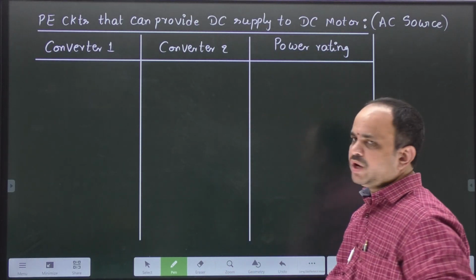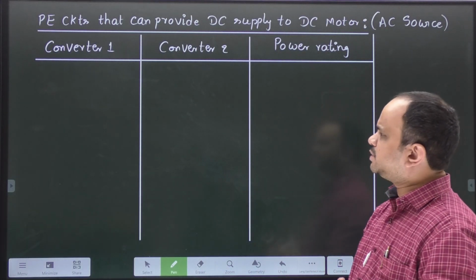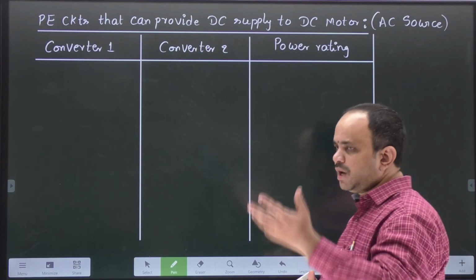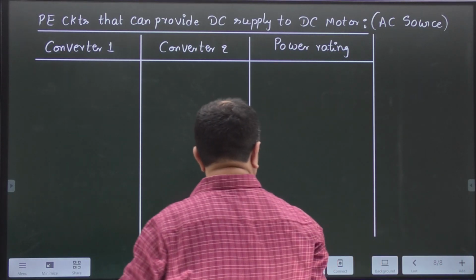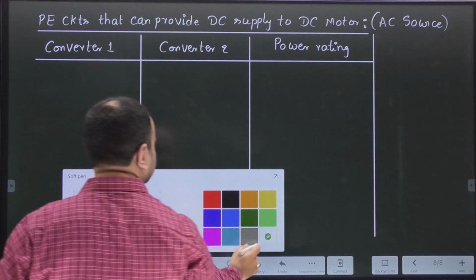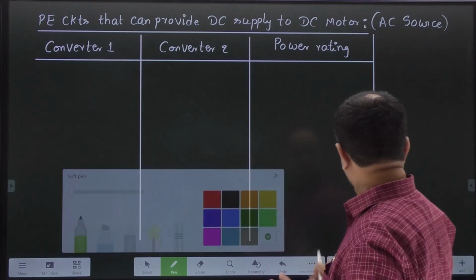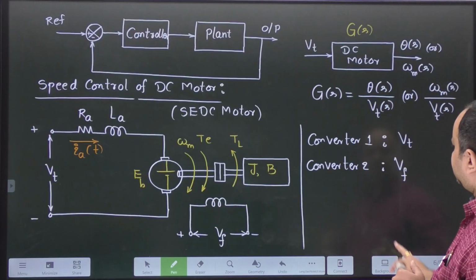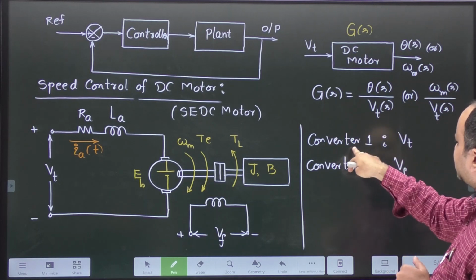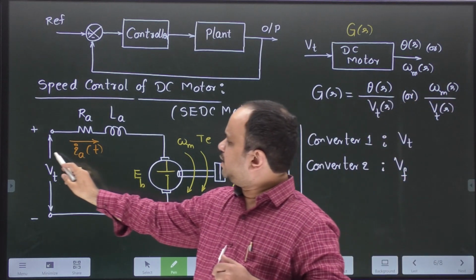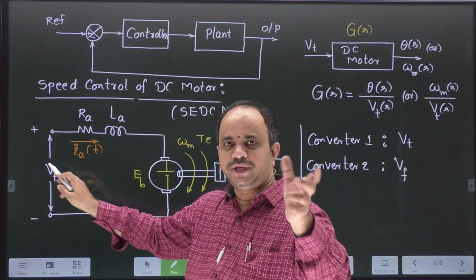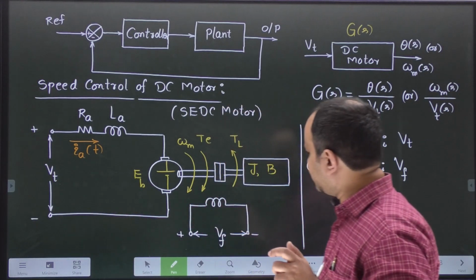As I mentioned in the beginning of this drives chapter, the prerequisite is power electronic circuits. What is converter 1 here? Converter 1 is a circuit that will provide terminal voltage to the armature side of the motor.